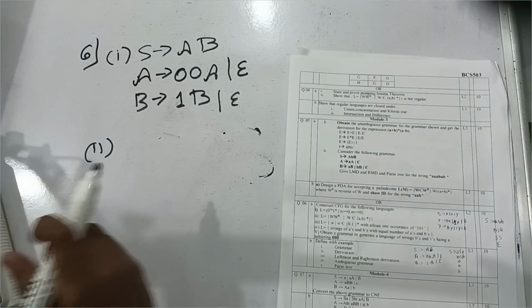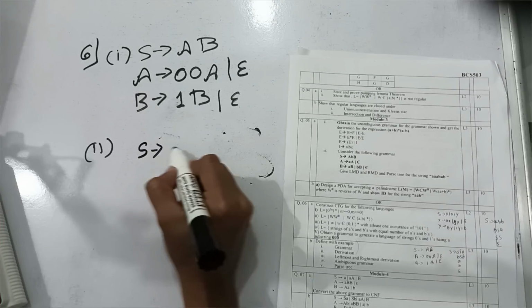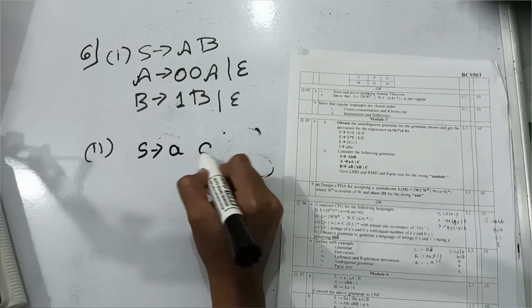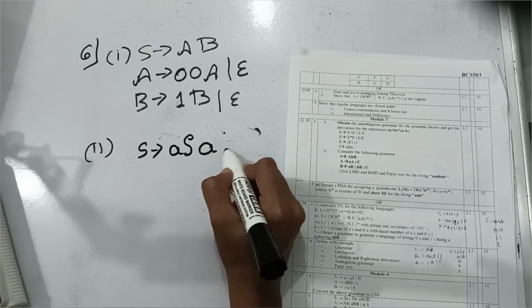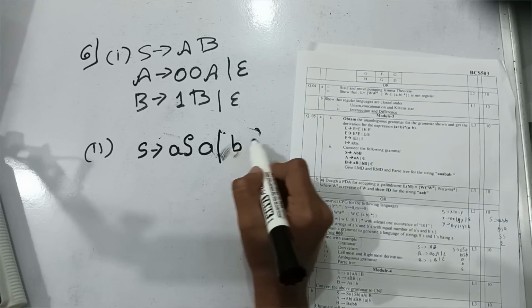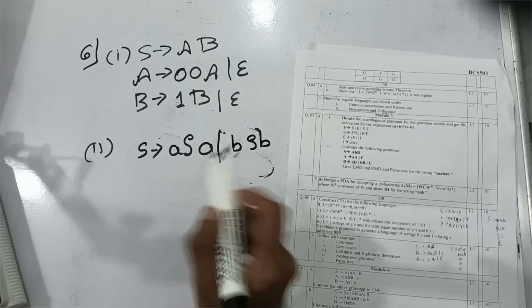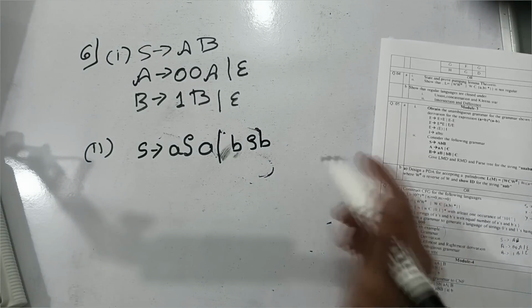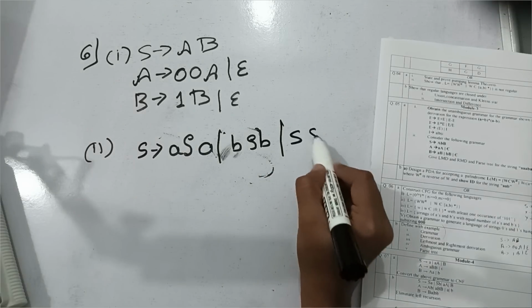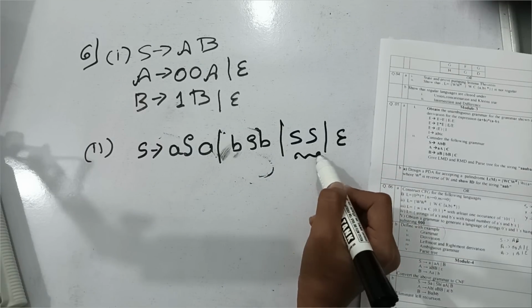So the grammar will look like S gives, if it starts with A, it should end with A, and in the middle any number of A's, and if it starts with B, it should also end with B. And don't miss SS also, and the base case epsilon. And why do we have SS?